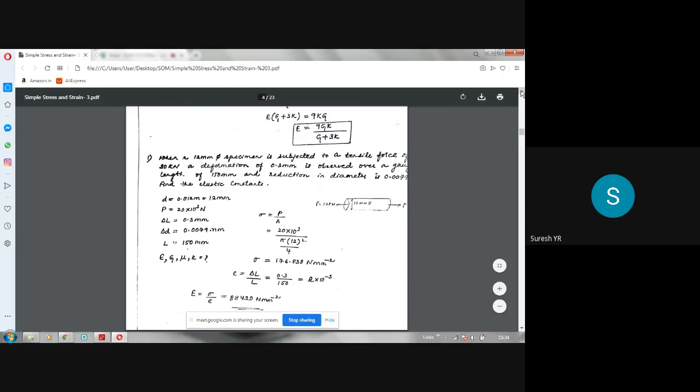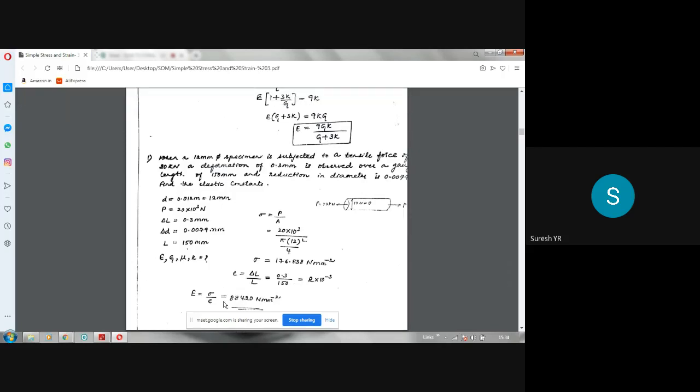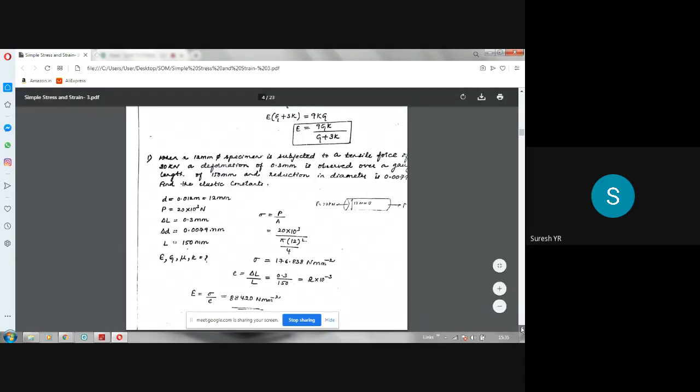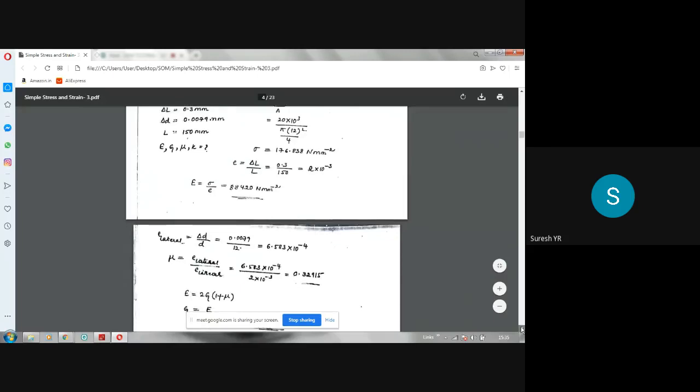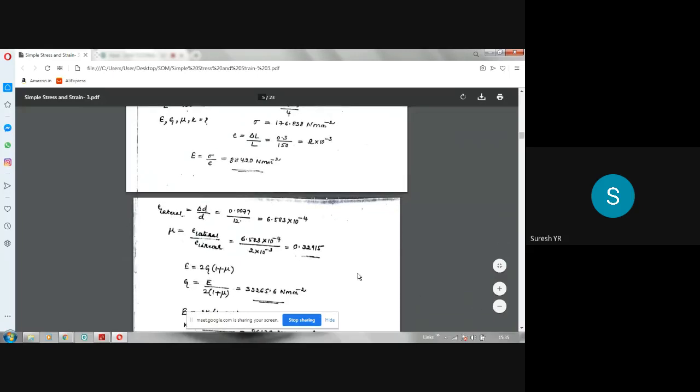So what we have done is first we have calculated Young's modulus value by taking stress divided by strain. Stress is force divided by area. Strain is change in length divided by initial length. So using that ratio, you got E. Then the ratio of lateral strain to linear strain is mu, Poisson's ratio.